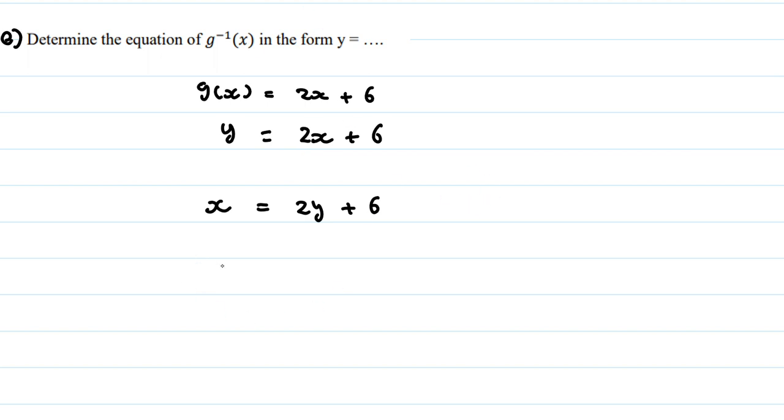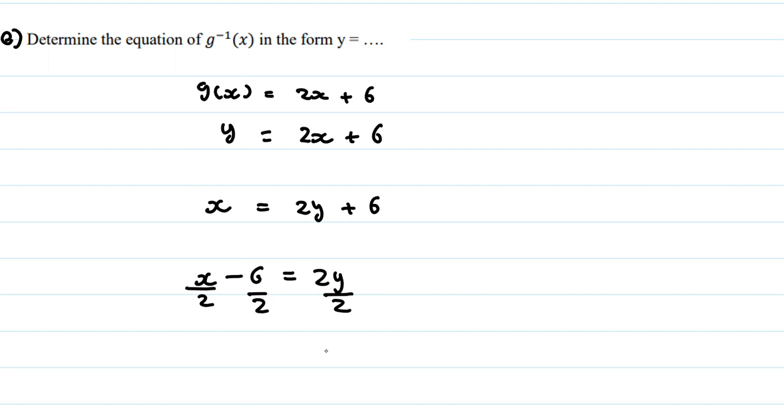So now we have this type of equation, but we have to solve for y again. What we do now is take that 6 to the other side. So now we have x minus 6, and we are left with 2y on that side. But we want y only, so we divide both sides by 2.